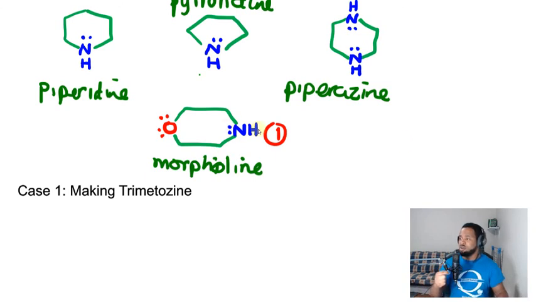This compound will be reacting with a specific type of compound that we're going to use to create a new compound. And the next one is a version of piperazine, which is going to be our second case, where we use a reactant alongside it to create a new compound that is used on an industrial scale, specifically in the pharmaceutical sense.